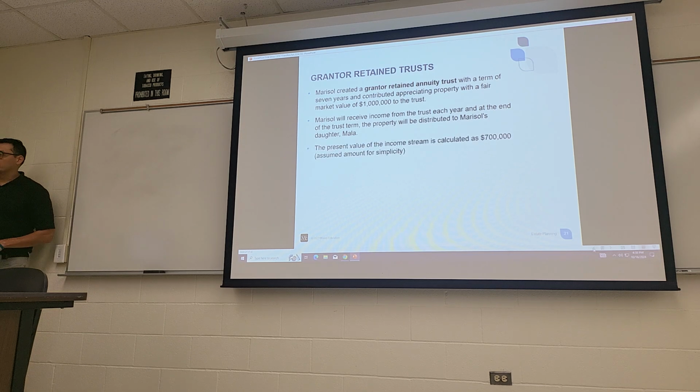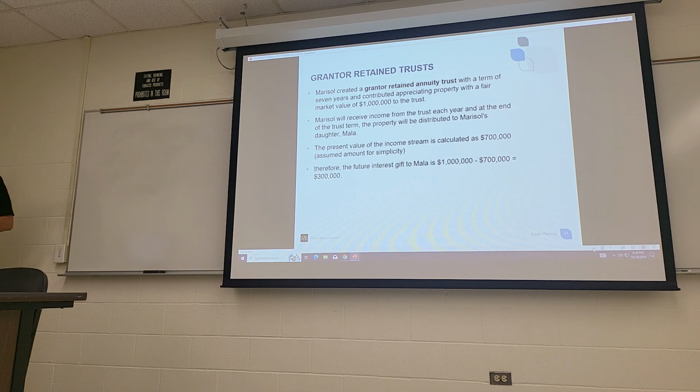So you may have to calculate the present value of the income stream. I'll give you an example if you want, not today, but if that comes up. So you have to identify the present value of the income stream calculated. So the gift of future interest is going to be the difference between the actual amount of appreciated property donated, and then the present value of the income stream.